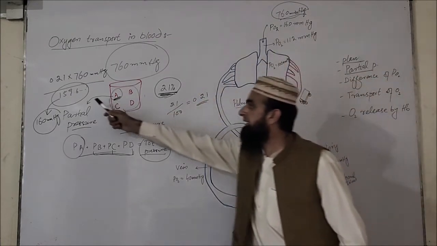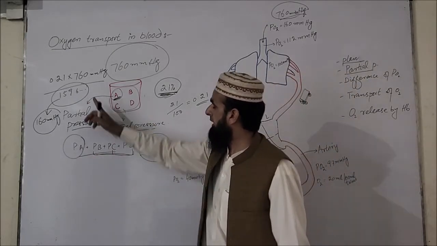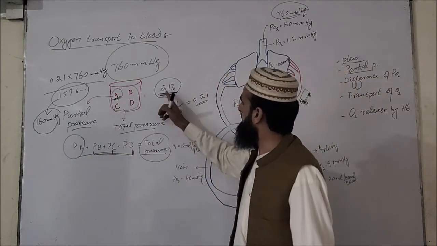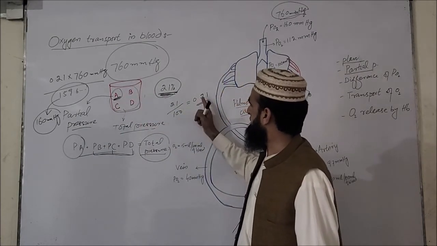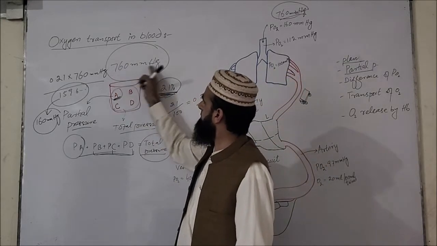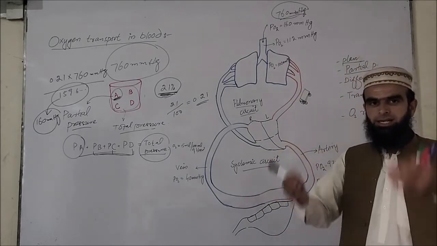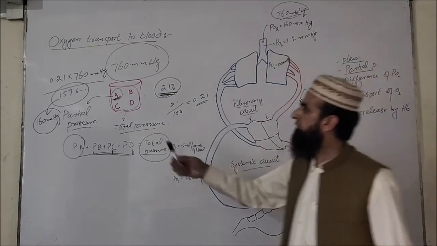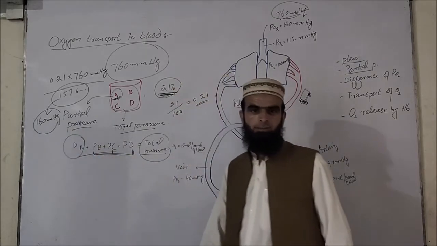That is calculated in this way. We have taken the amount of oxygen in the whole mixture, and the value of that oxygen is then multiplied with the total pressure exerted by the whole mixture or inhaled air, as a result of which we got the value 160 millimeter of mercury.